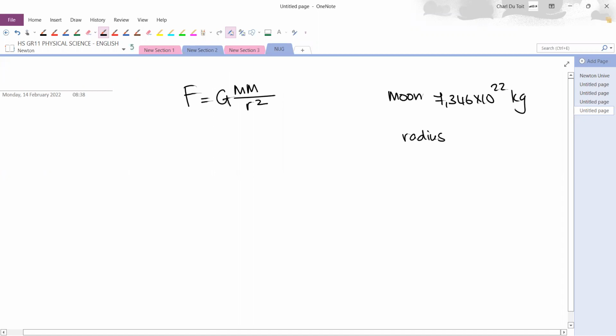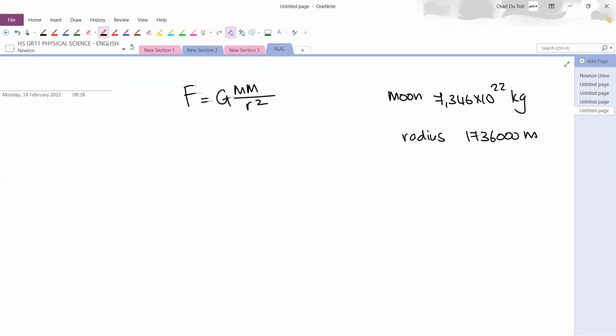No, is it? The radius of the moon is 1,736,000 meters. Okay, so we can work out the gravitation of the moon by putting those factors in.